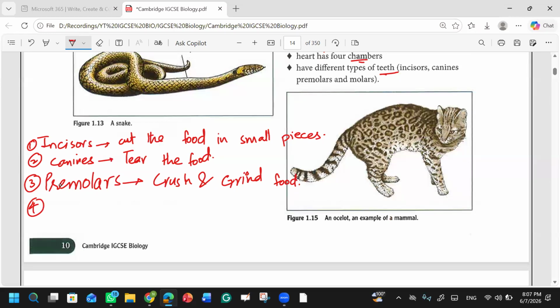Fourth is molars. They are used to grind the food. They have the largest surface area and are essential for grinding the food, complete grinding. This is about the class mammals.